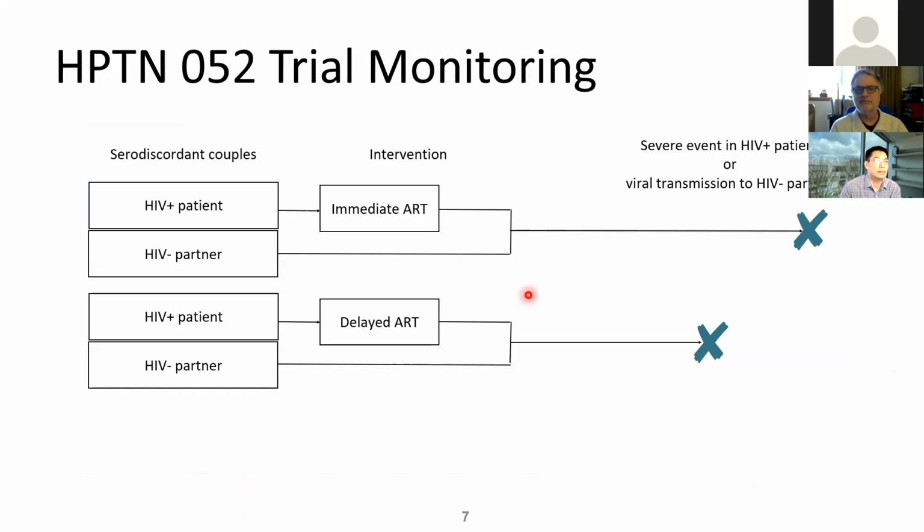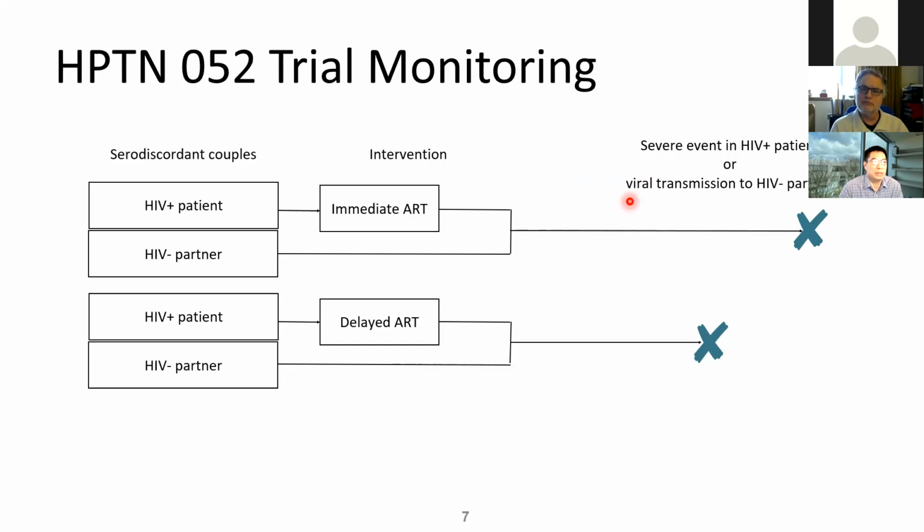So this is the trial, and for clinical trials such as HPTN 052, it's a long-term clinical trial. Apparently, we have to monitor these trials, and we use the composite endpoints we just mentioned to monitor this trial and to develop monitoring plans.